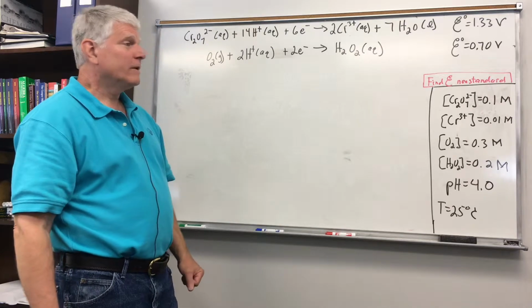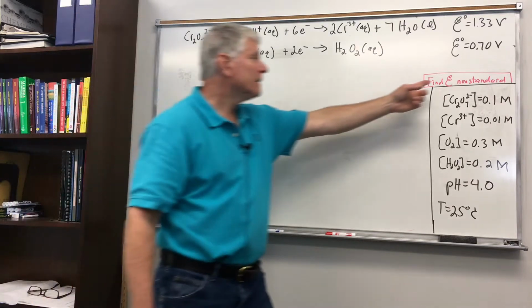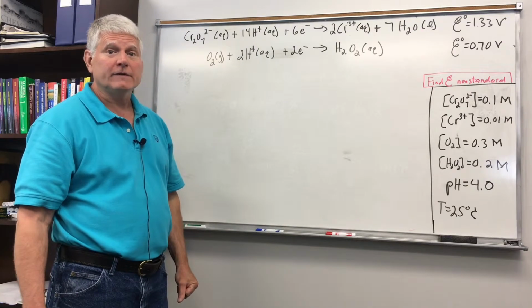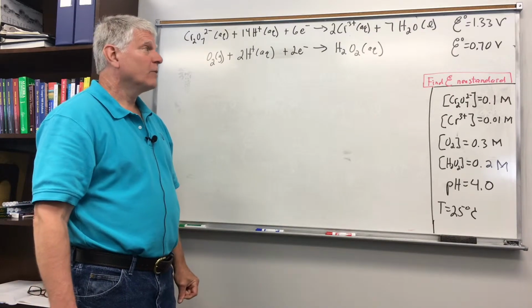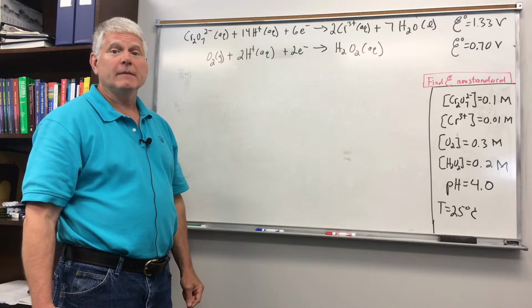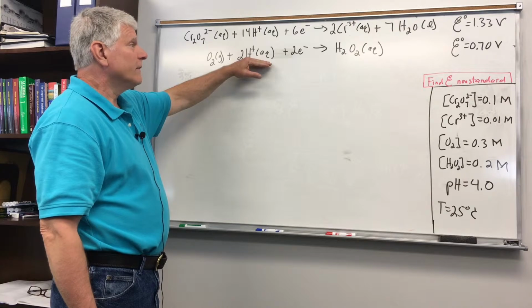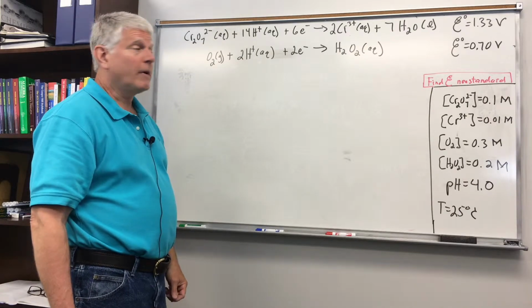Let's say I want to know the E non-standard for the cell running in the spontaneous direction. So that means I would want the standard cell potential to be positive. So I would reverse one of these reactions so that the standard cell potential is positive.